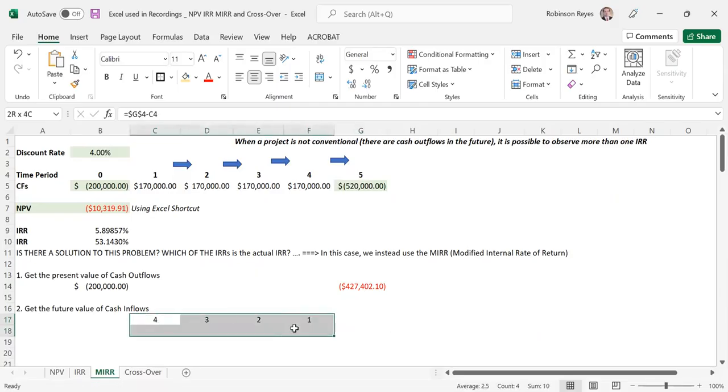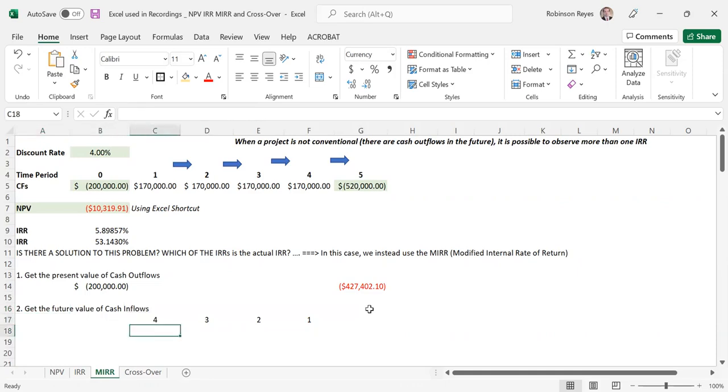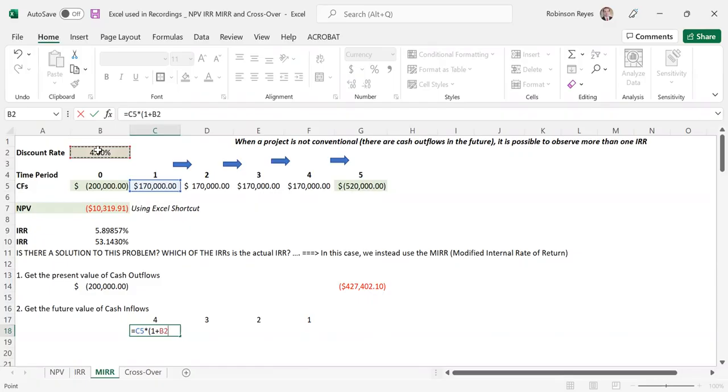Now, these numbers are important because these are the periods of time we will use when working on this second step. Let's remember the second step is getting the future value of the cash inflows. So we get the future value of 170,000 multiplied by 1 plus the rate, locking this rate, to the power of time, referencing the time row on top of our formula.